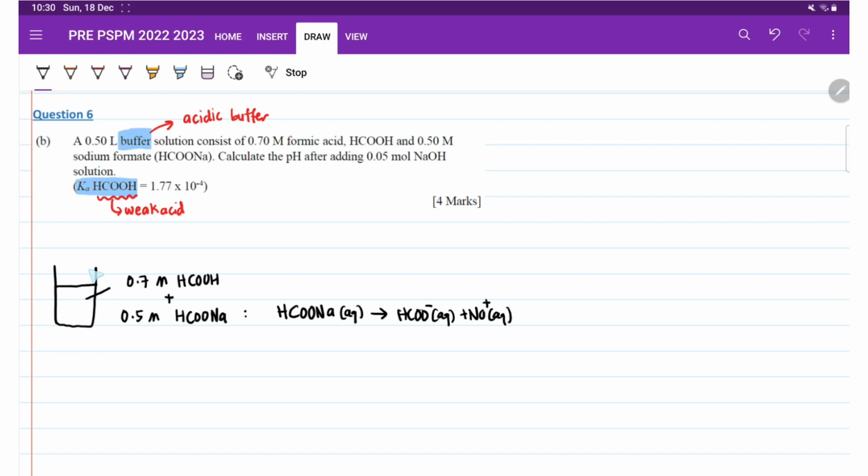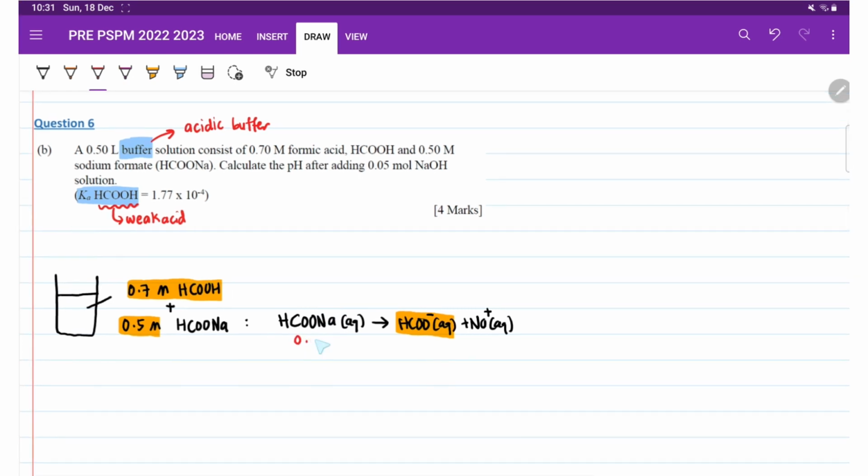Okay, jadi dekat sini dalam kita punya beaker sekarang yang tinggal adalah 0.7 molar HCOOH dan 0.5 molar HCOO minus. Okay, so dekat sini whatever concentration of the salt, 0.5 molar, itulah yang akan jadi kita punya conjugate base. So 0.5 molar, 0.5 molar Na plus. So ini yang kita perlukan dekat sini.